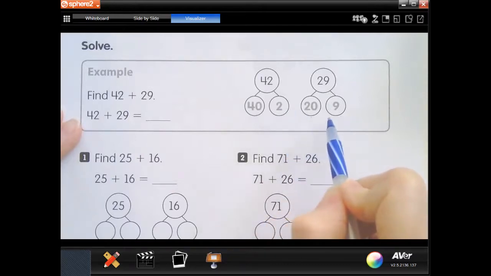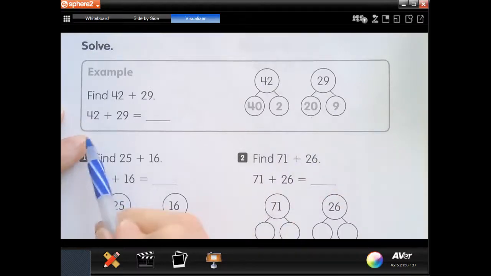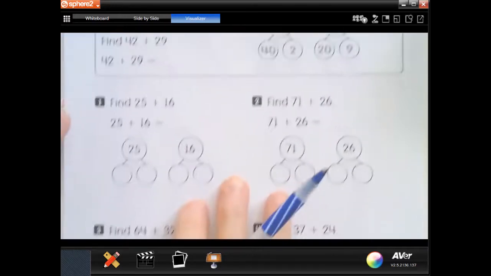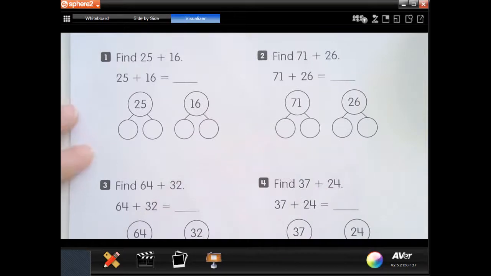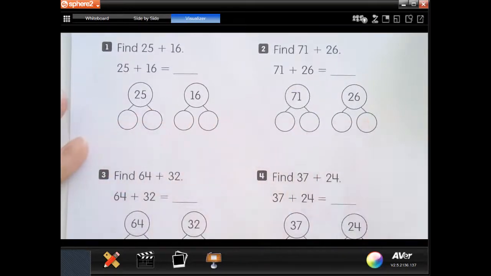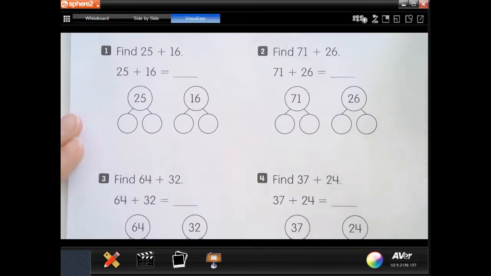What is 60 plus 11? 71. Well, that's the answer to 42 plus 29 is 71. So there are 6 problems for you to solve using the number bond strategy. Make sure you decompose your numbers into tens and ones before you try to solve the equations.